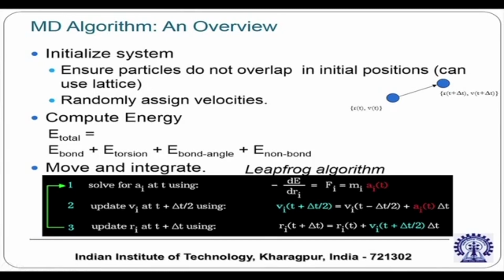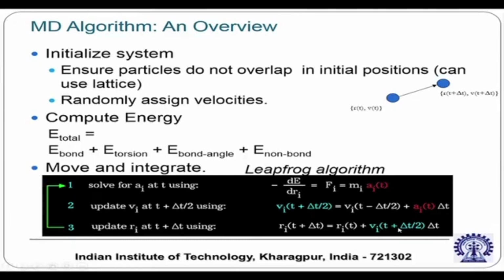Now you can write velocity from acceleration by noting this is just a simple finite difference: v at t plus delta t by 2 is equal to v at t minus delta t by 2 plus A into delta t. So it is just like a central difference type of scheme. So you can update v at t plus delta t by 2.